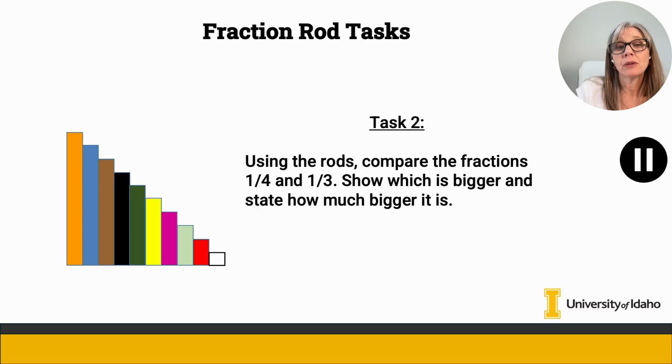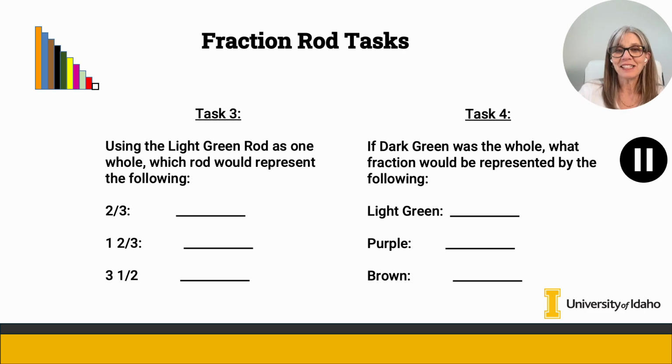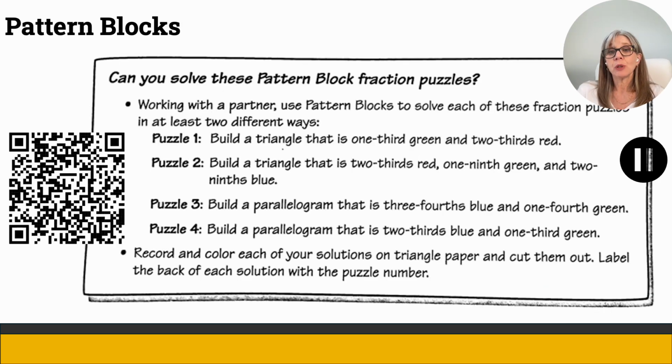Okay, so using those same Cuisenaire rods or fraction rods, try this task. Hit play when you're ready. All right, last set. Try these. This task will use pattern blocks. Just like with the Cuisenaire rod tasks, use this QR code to take you to some virtual pattern blocks and try this task.